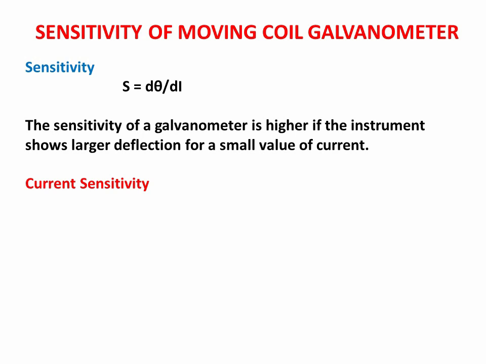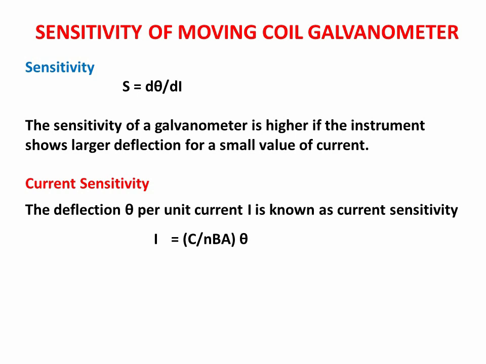Current sensitivity means the deflection theta per unit current I. So, I is equal to C by NBA theta.